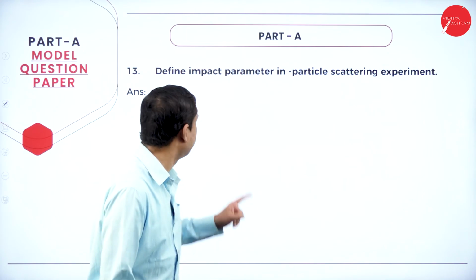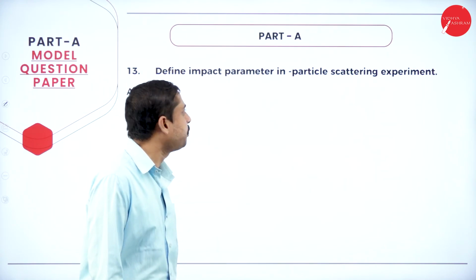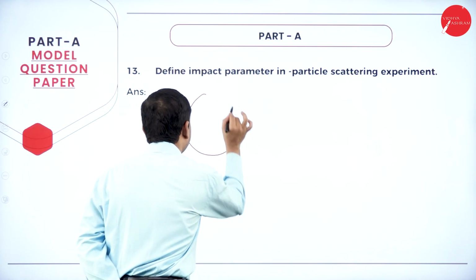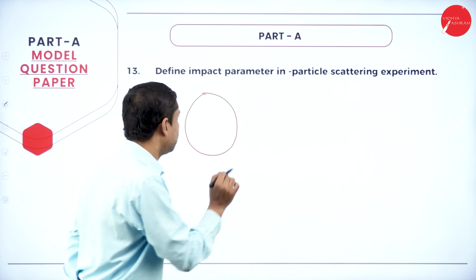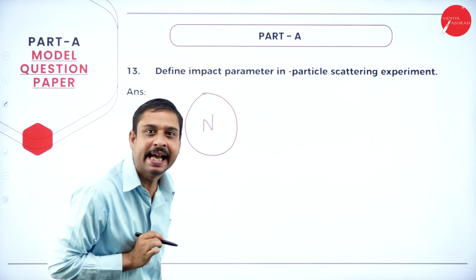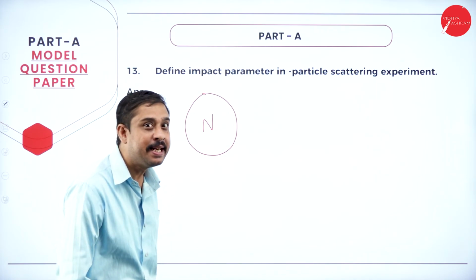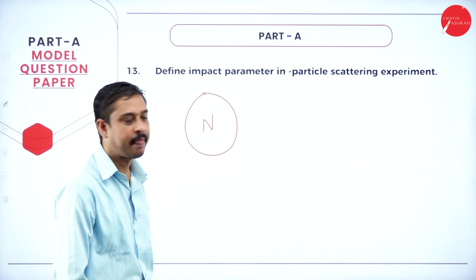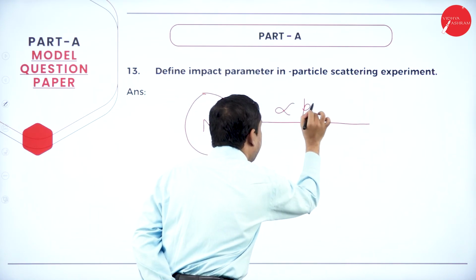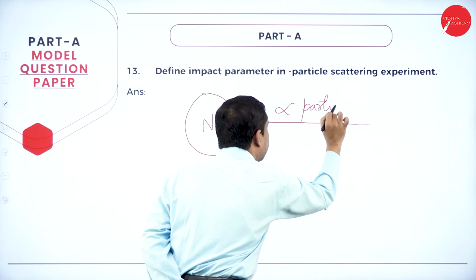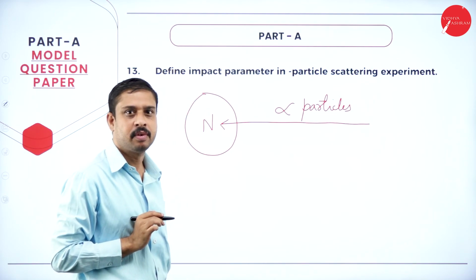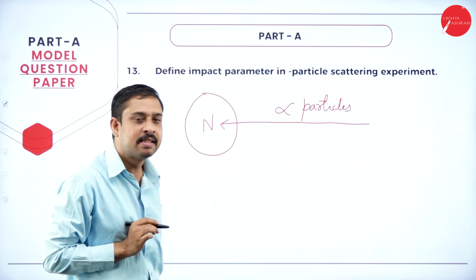The next question, define impact parameter. Suppose I have an atom. I'll call the center of the atom the nucleus. I have a trajectory of alpha particles which is approaching the nucleus.